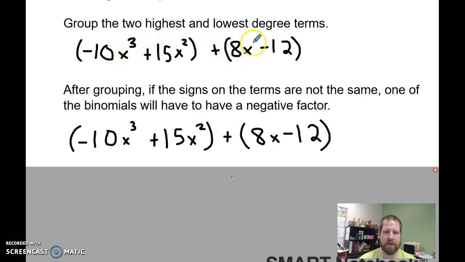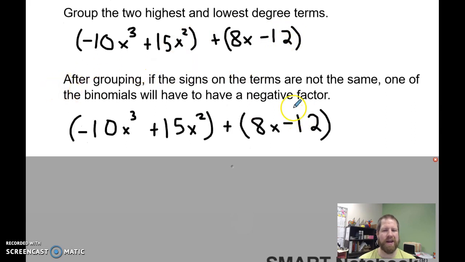Because those are different, if I pull out two positive factors, they're still not going to be left over with the same value. One of them is going to be negative, one of them is going to be positive. And we have the same thing here with our second term. One's positive, one's negative. So we're going to have to pull out a negative factor from one of these.